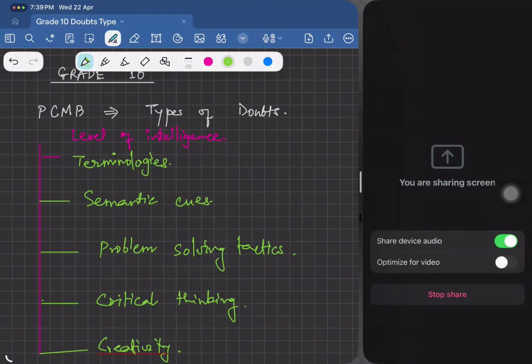Today, I'm going to ask you what kind of doubts you are having in the topics that you recently covered in school in physics, chemistry, maths, and biology. Based on that, I'm going to judge what level of intelligence you are currently at.